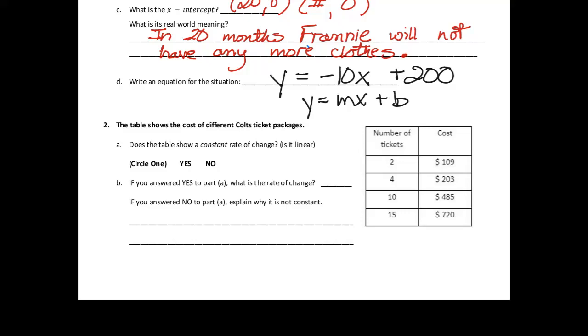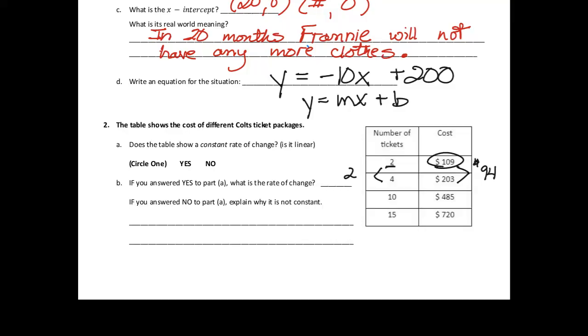So if I do this, 203 minus 109, 94. $94, and that $94 would be for 2 tickets. Well, wait a minute. We just have 2 tickets here that says they cost $109. So does that mean it is linear? Not for that. Well, let's check one more.